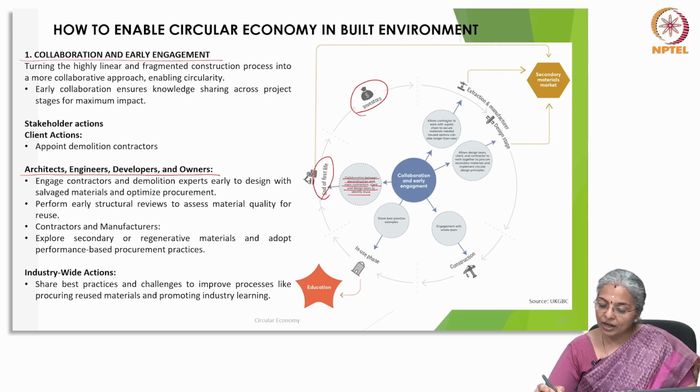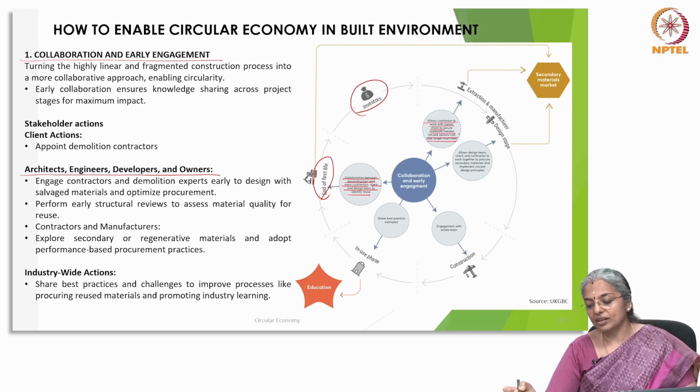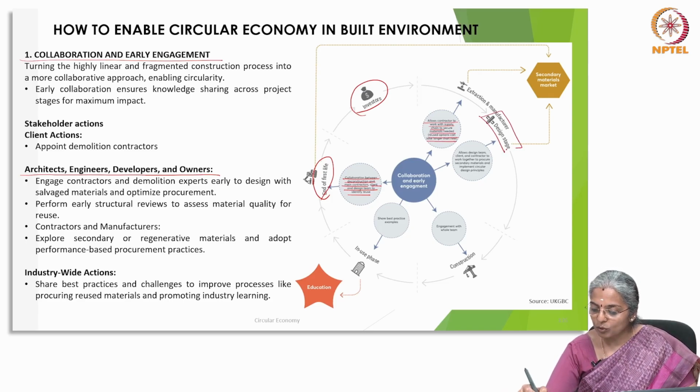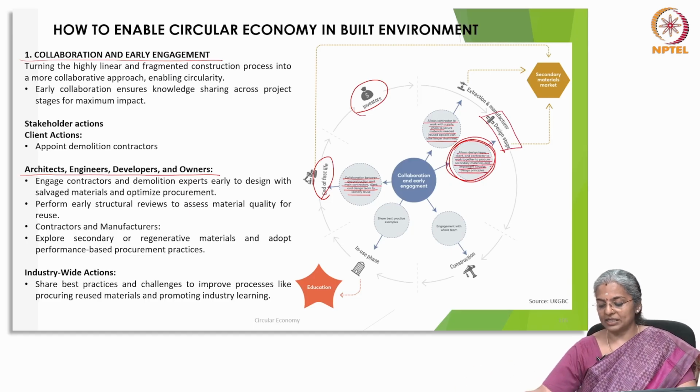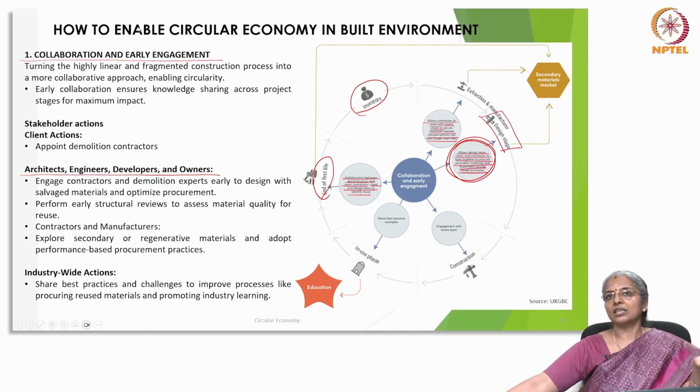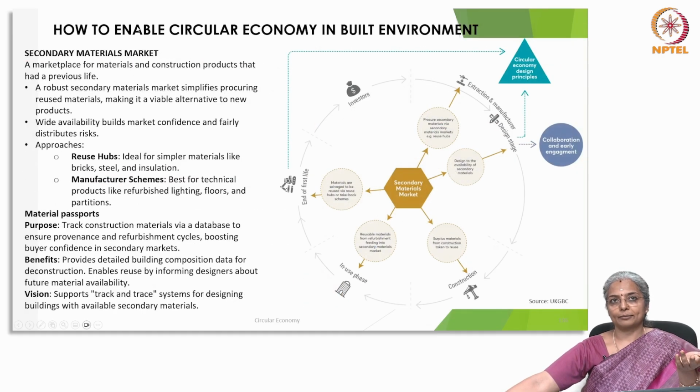You should also allow contractors to work with the supply chain and secure materials needed. Reused options can take longer than new. When it comes to this design stage, most important for us, you should allow design team, client and contractor to work together to procure secondary materials and implement circular design principles. So, collaboration is very, very important.